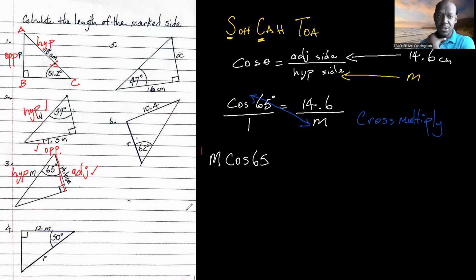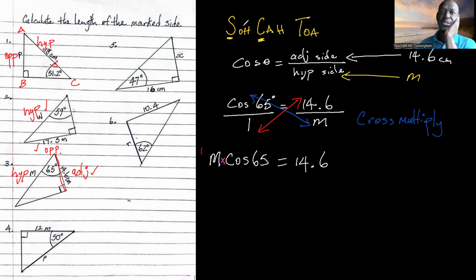Then we cross multiply on the other side, people. We cross multiply again now on the other side, which is 1 by 14.6. So you put an equal sign and then you write 14.6. Now, people, you should be doing this in 10 seconds.